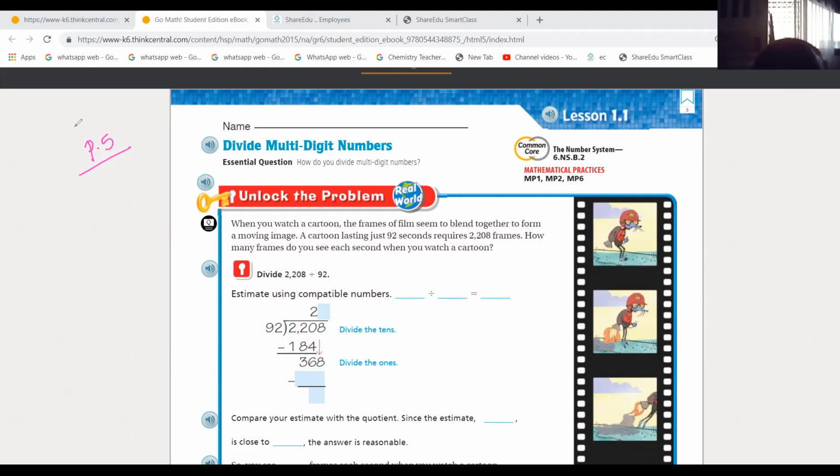Don't forget to write. We are starting with lesson 1.1, divide multi-digit numbers. Don't forget to write the date today, that is 5th September 2021. Okay, please write down today's date, 5th September 2021.